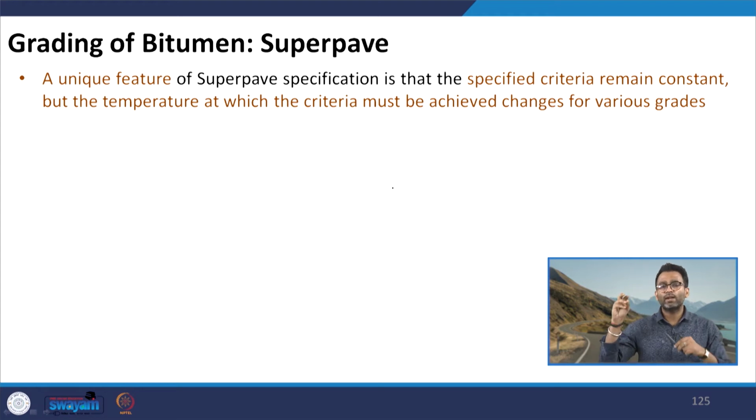So, let us say we have identified that if a bitumen has a minimum viscosity of 4000 poises, this can give you satisfactory performance with respect to rutting at locations where the temperature is 60 degrees Celsius, let us say. This means that I am fixing this 4000 poises. Now, I will select the bitumen for this location where the maximum average pavement temperature is 60 degrees Celsius, ensuring that the viscosity of the bitumen which I am going to use is minimum 4000 poises, alright.